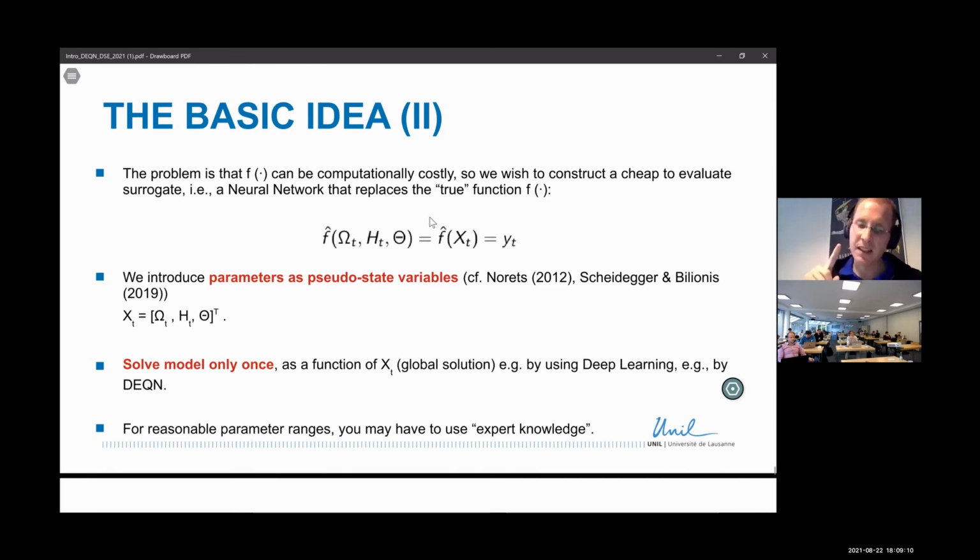And now this comes back again to the question John had before. For the endogenous and exogenous states, we use the model dynamics and the dynamics implied by the policy we're solving for. For the parameters, we don't have this.